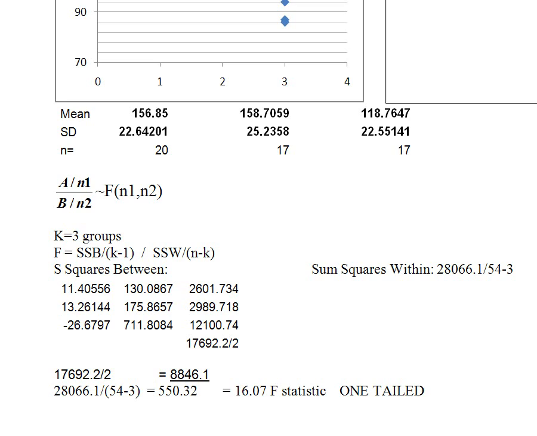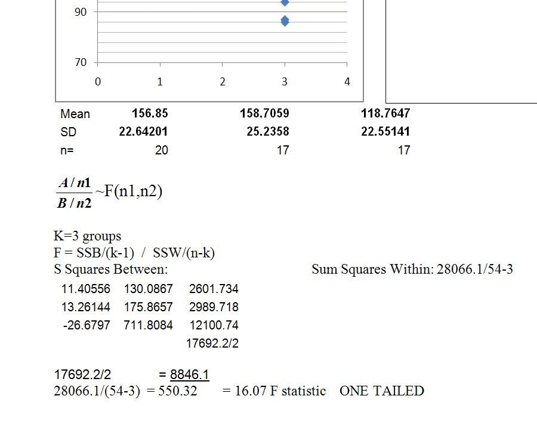And so you get a large F statistic when there's a large amount of variation between the groups, bigger than the amount of variation within the groups. And so this 16.07, when we go to the table or Excel, we're going to put all of our alpha in one tail. So let's go to Excel and look up this F critical.